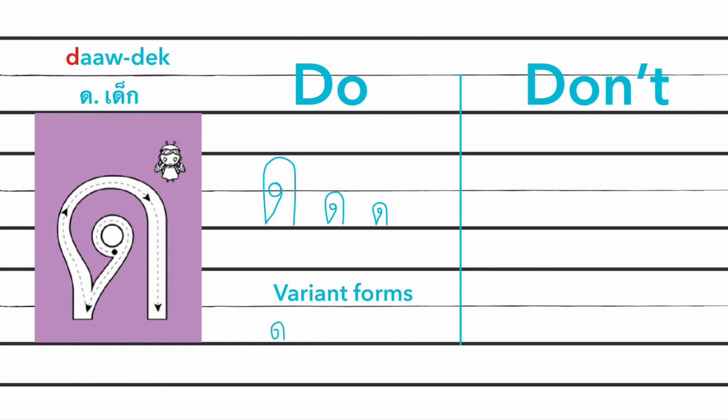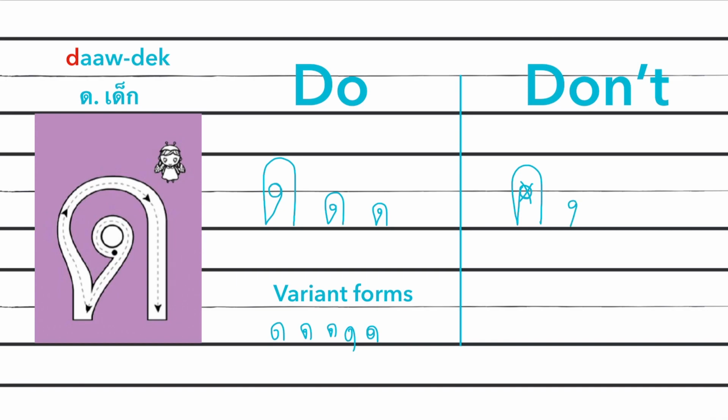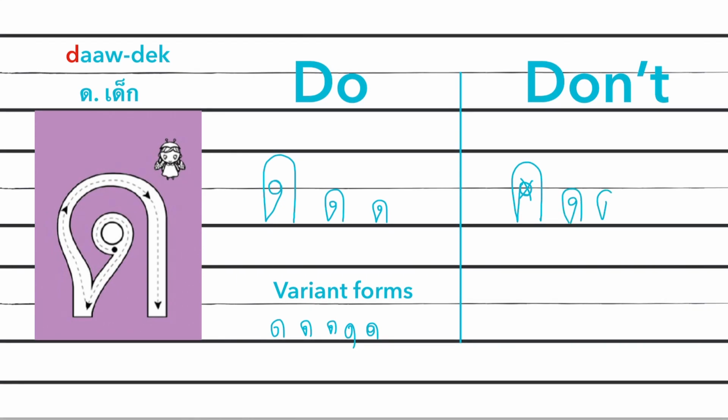Variant forms of ดอเด็ก. Be careful about the position of the circle, because if you put at the wrong position, it's another alphabet that is called ควาย, and always start from the small circle.